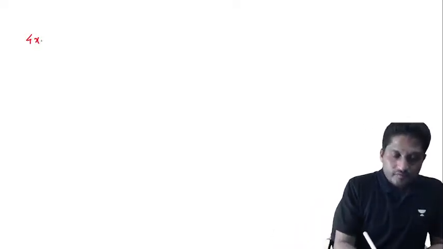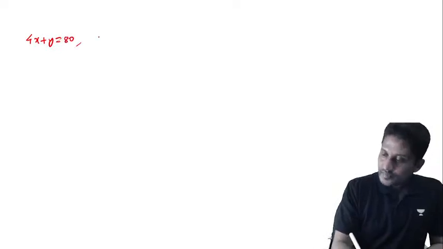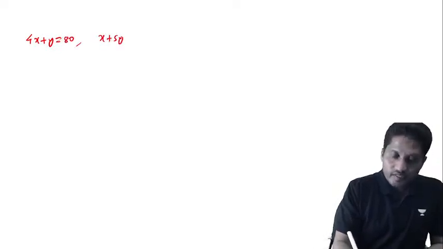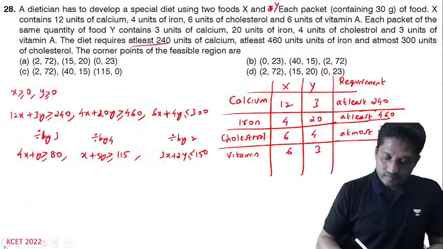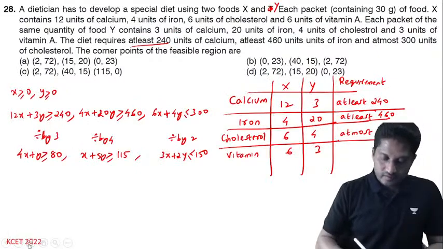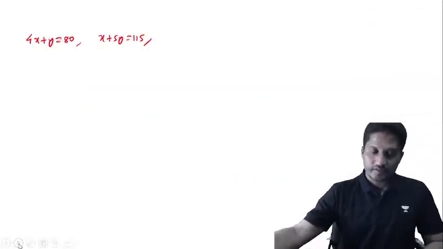Even this question was really lengthy, but can't help, you have to do the problem. So 4x plus y is equal to 80. Next is x plus 5y is equal to 115. And the third equation was 3x plus 2y is equal to 150.